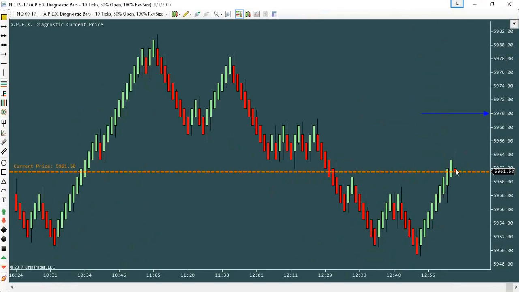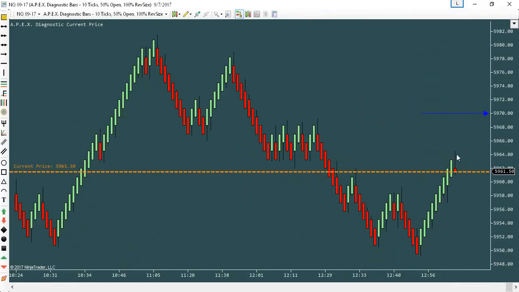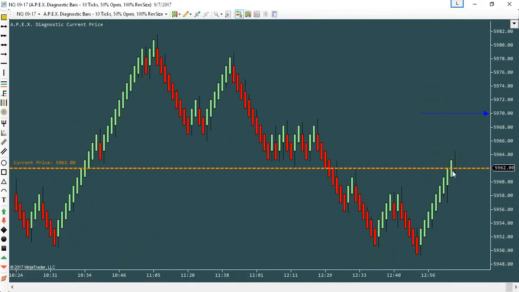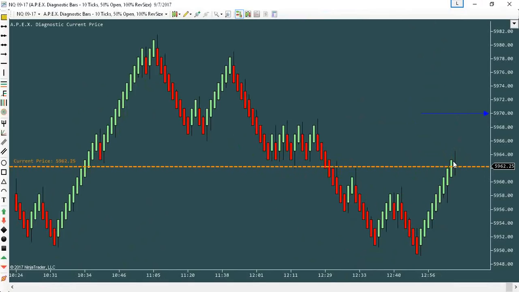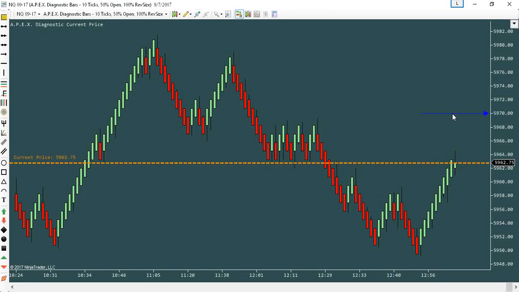So the market's right here. I'm buying this strike right here. So let's say the market starts going up. I bought it at 30. If the market gets all the way up to here, and we're not at expiration time yet, we still got some time to expiration.